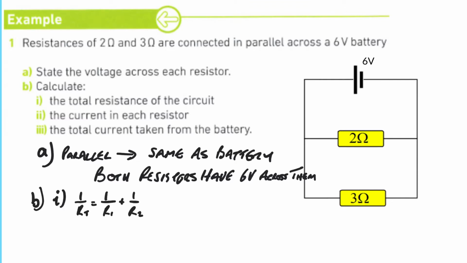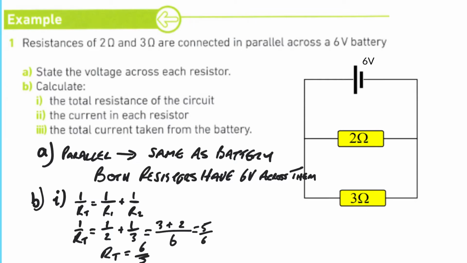So we have that 1 over RT equals 1 over R1 plus 1 over R2, 1 over 2 plus 1 over 3, and taking a common denominator of 6, a half is 3/6, and a third is 2/6, giving us a total of 5/6, and that's 1 over RT, so RT will equal that upside down, which is 6 over 5, which is 1 1/5 or 1.2 ohms.